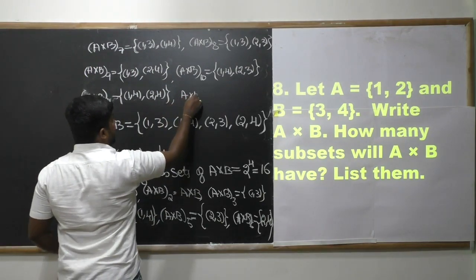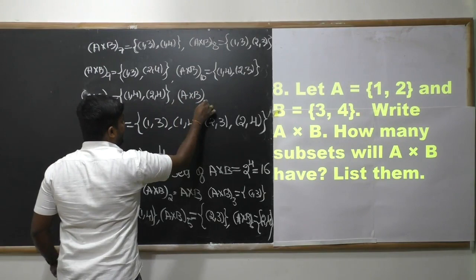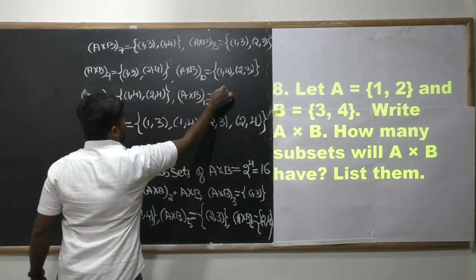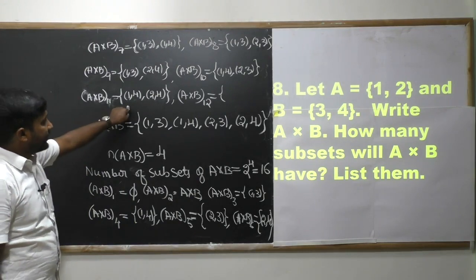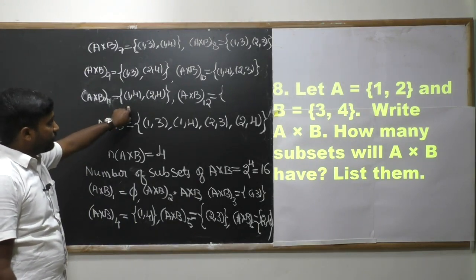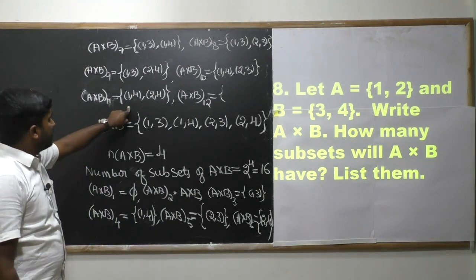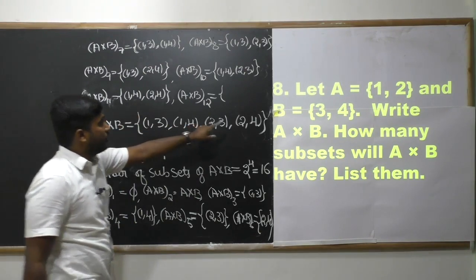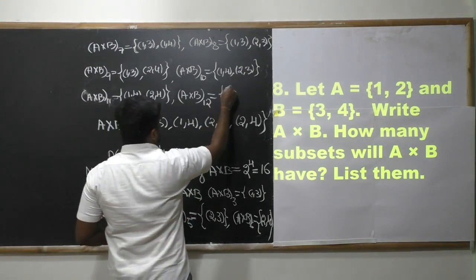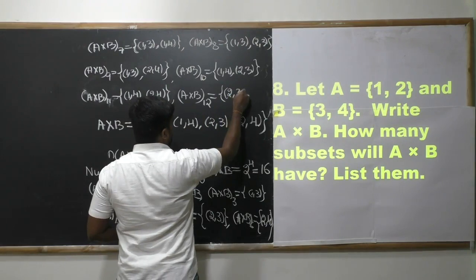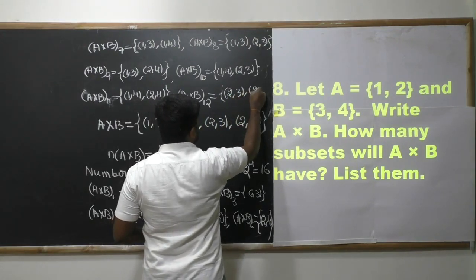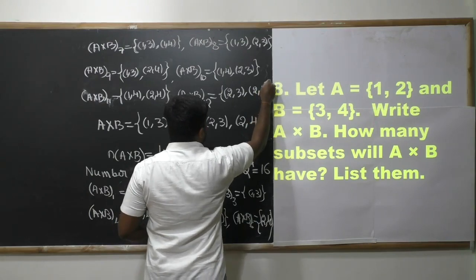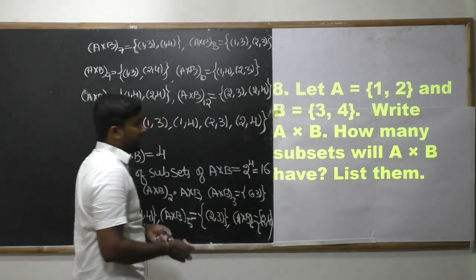Next, we are writing A cross B of 12. It is the set with ordered pairs 2 comma 3, 2 comma 4. This is the 12th one.